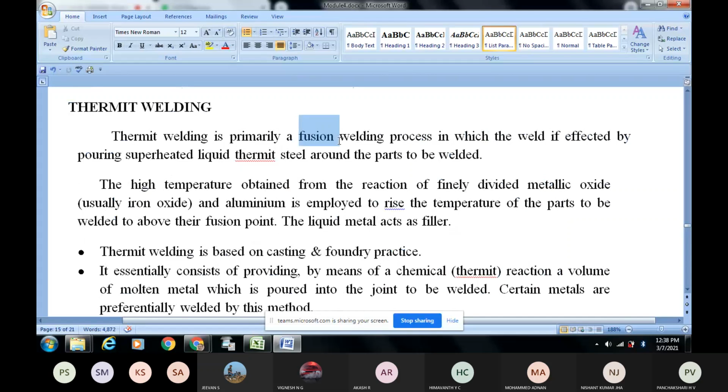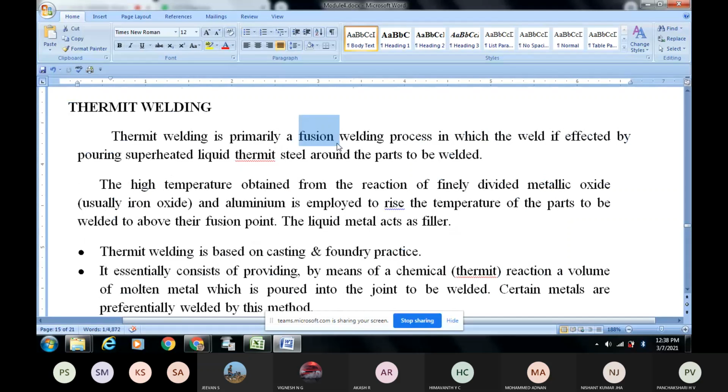Fusion is nothing but solid converted into liquid metal, and the liquid fuses again into solid. So it is primarily a fusion welding process in which the weld is effected by pouring superheated liquid. So we are going to pour the superheated liquid metal into the gap.